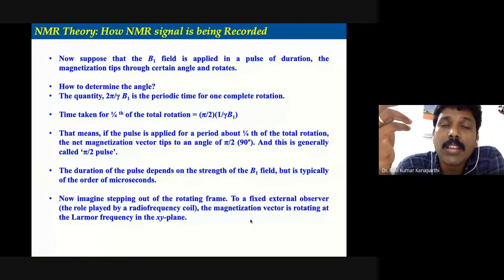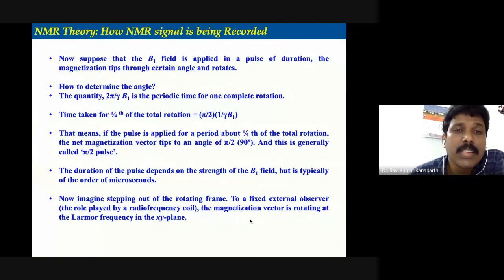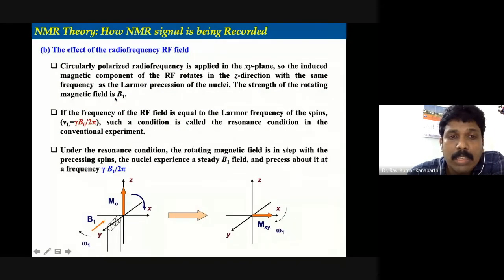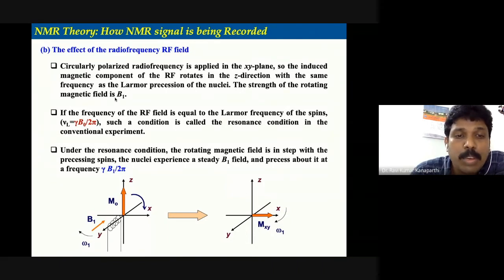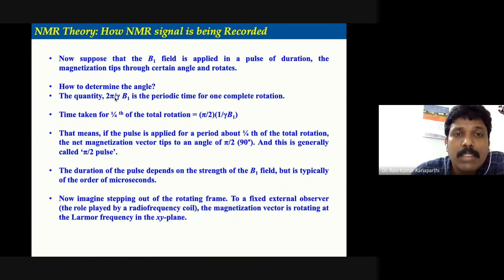The Larmor frequency is given by gamma b1 by 2 pi. If you take the inverse of this, 2 pi by gamma b1, that is nothing but the periodic time.